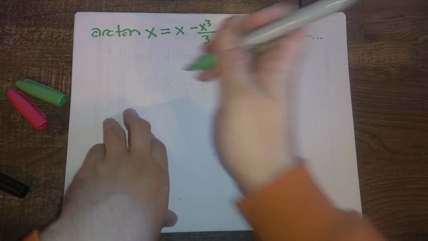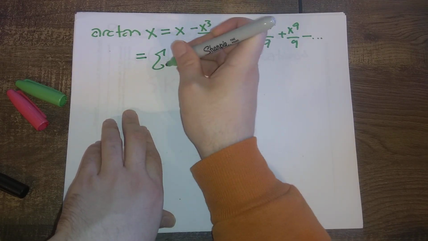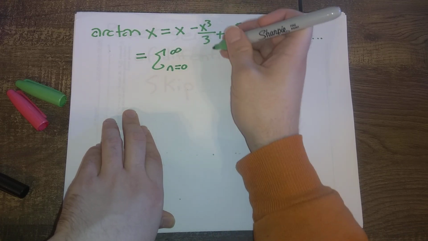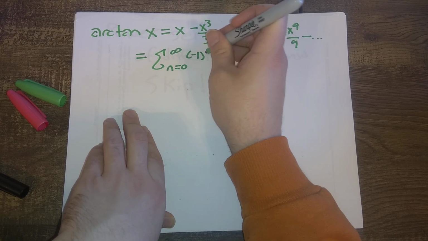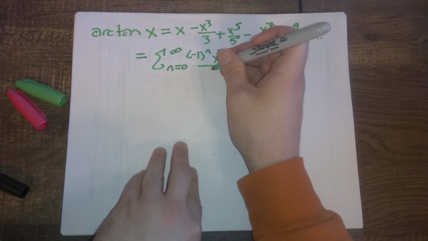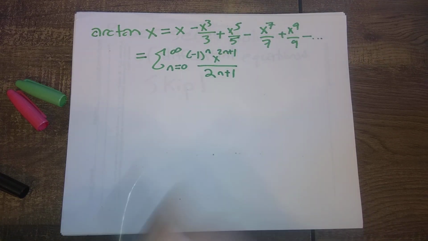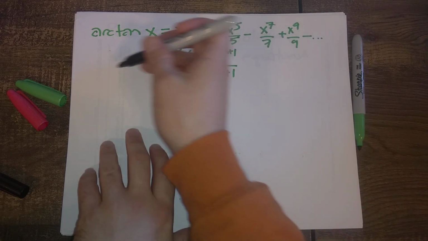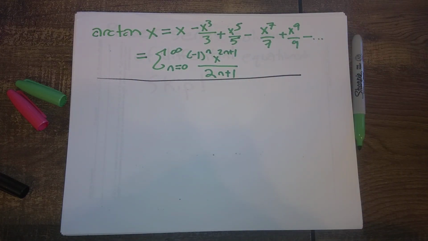This power series, if we want to write it in summation notation, is the sum from n equals 0 to infinity of minus 1 to the n times x to the 2n plus 1 divided by 2n plus 1. So hooray, we have this power series expansion for arctangent of x. Okay, so that takes care of this.